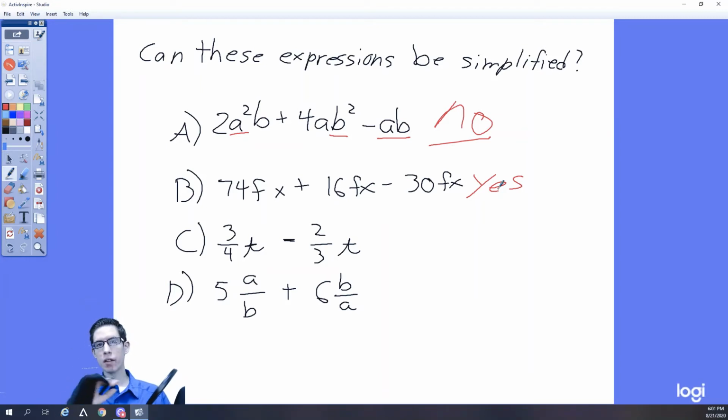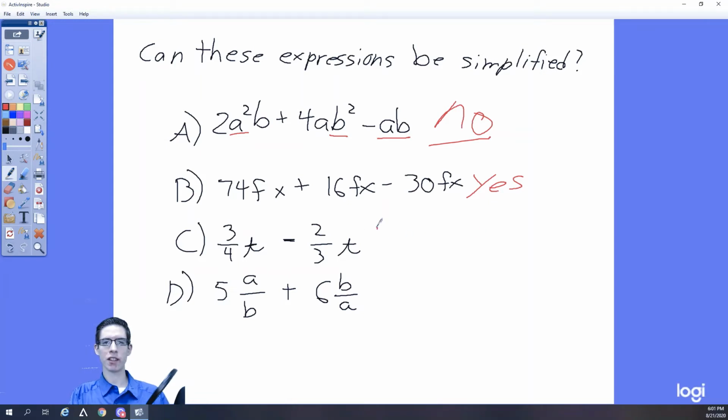So 74fx, 16fx minus 30fx, we could add that together and get a simplified value, not reduced. Reduced is a different thing. How about expression C? If I have 3/4 t minus 2/3 t, can that be simplified? Yes or no? Think about it.